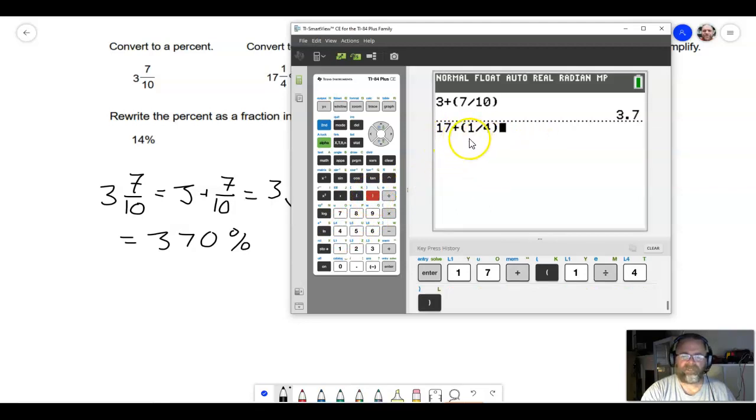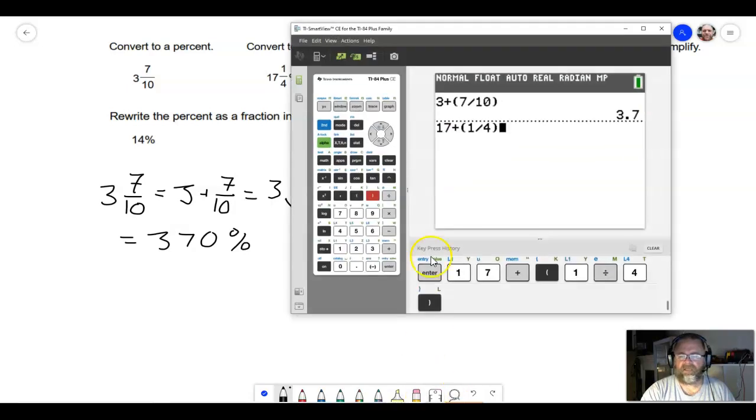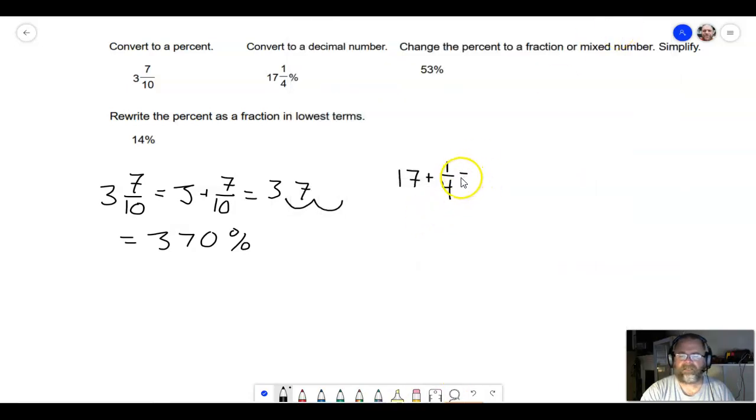You don't have to, for example, with this one, because it'll do the division before addition due to order of operations. But when you're multiplying fractions, you definitely want to put them in parentheses. So it's just a good habit to always do it. And going back here, hit enter. That's going to be 17.25. So that's 17.25. And then we stop there.